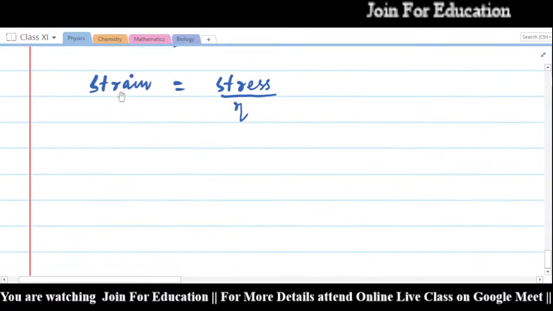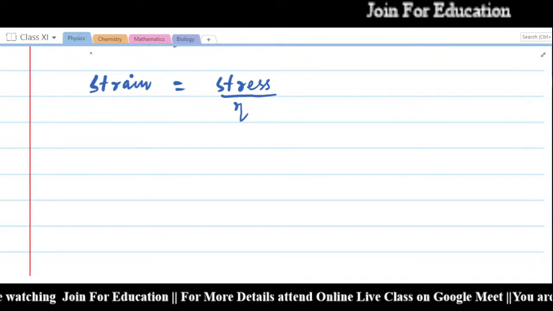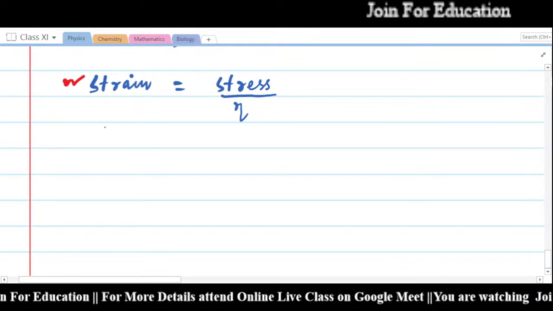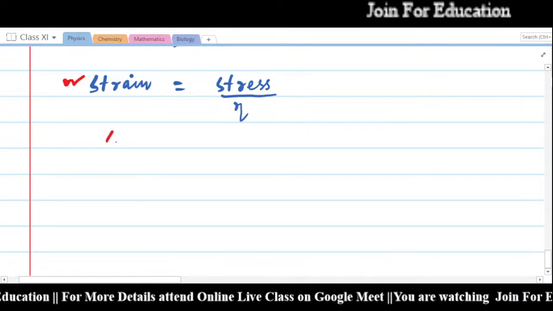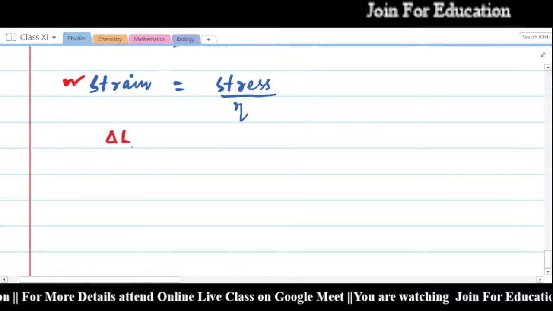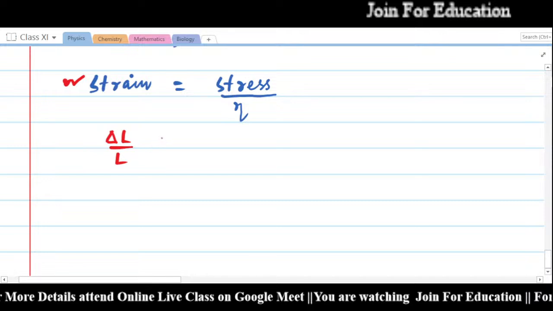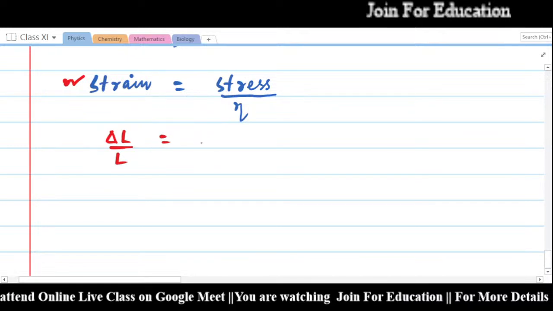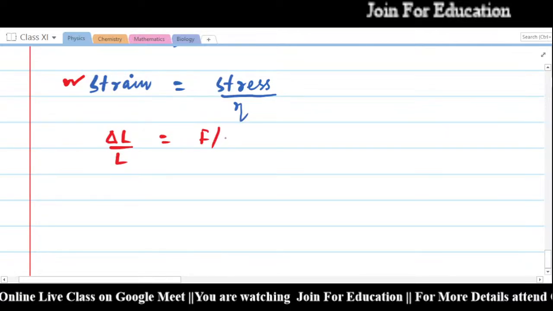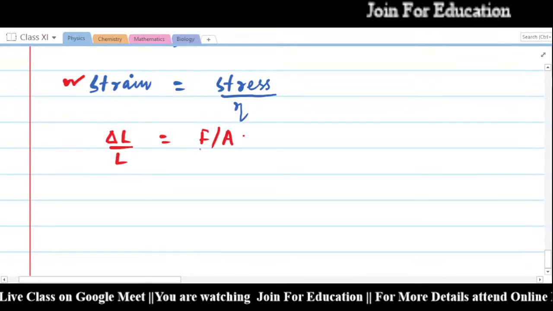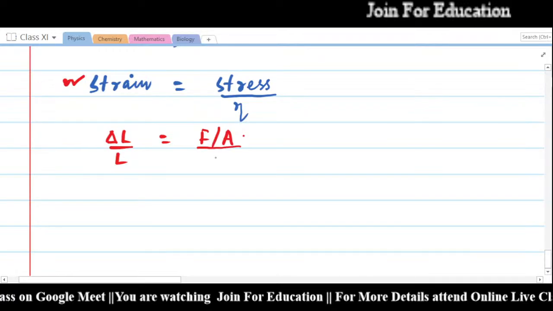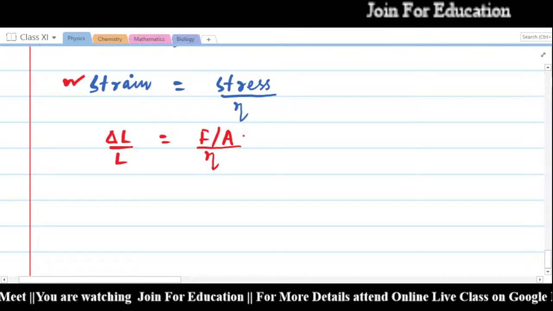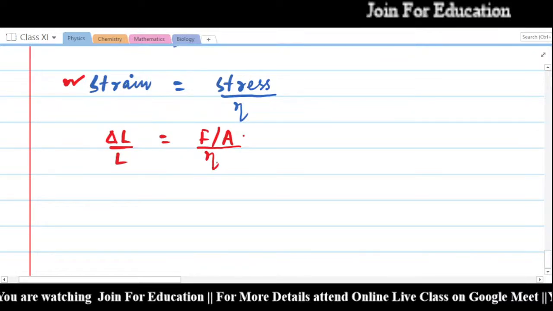Now we recall the numerical value of the strain, which is del L by L, and the numerical value of the stress is F by A. It means force by area, and this is the modulus of rigidity or shear modulus.